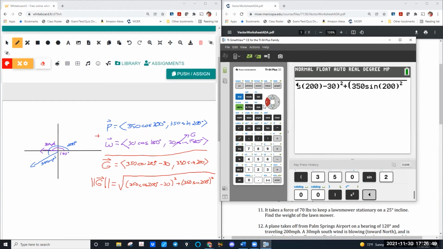I put that too early. Still need to finish off that set of parentheses. Let me start this again.